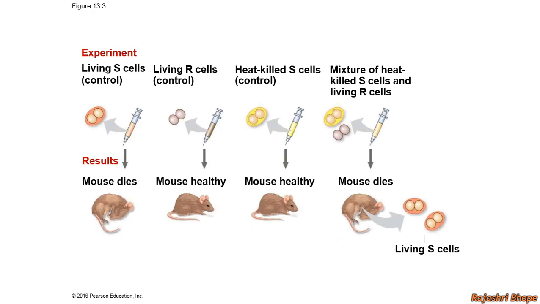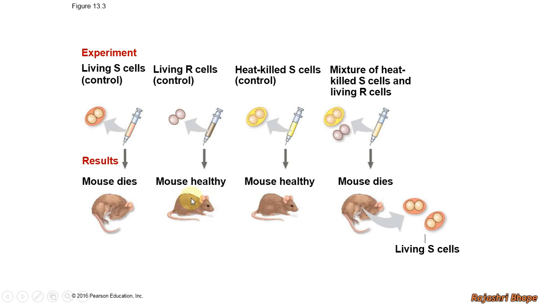Now this is the Griffith experiment. See what he did. He used capsulated, so therefore smooth, strains of Streptococcus pneumoniae, and injected them into mice. Observed that the mouse dies. Then he injected rough strains, which are non-capsulated and therefore non-virulent, into the mouse.